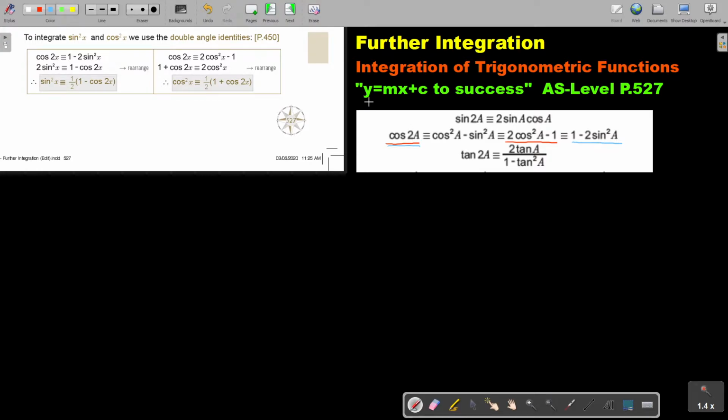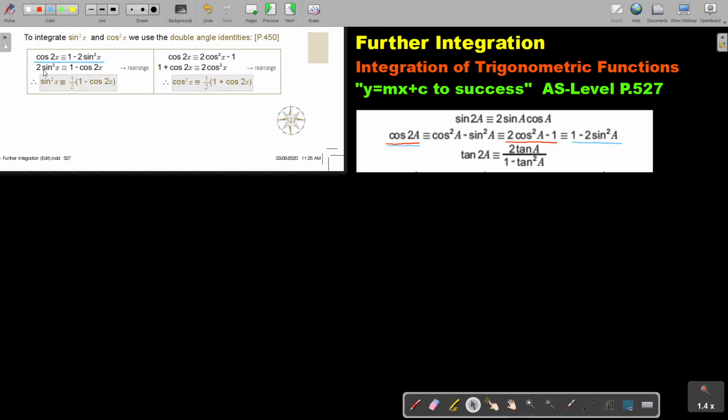Let's start with the blue one. If I have cos 2x, then it's 1 minus 2 sin squared x. Now I make sin squared x the subject of the formula.